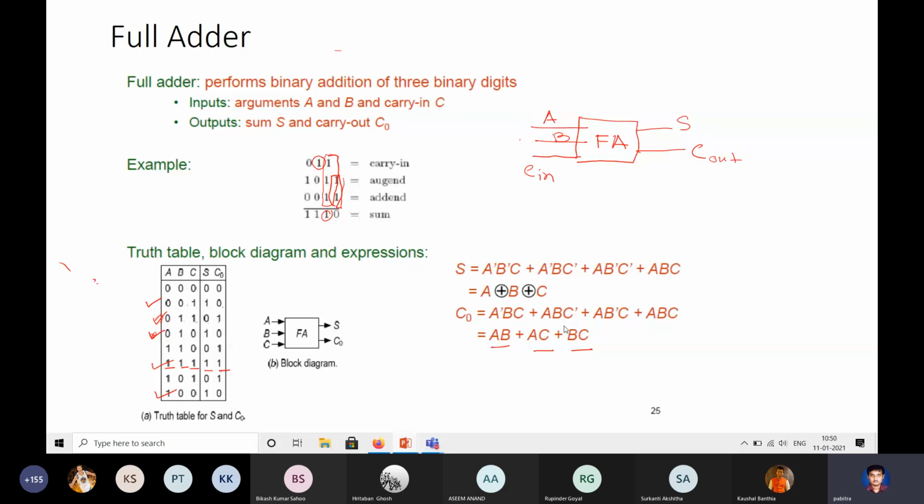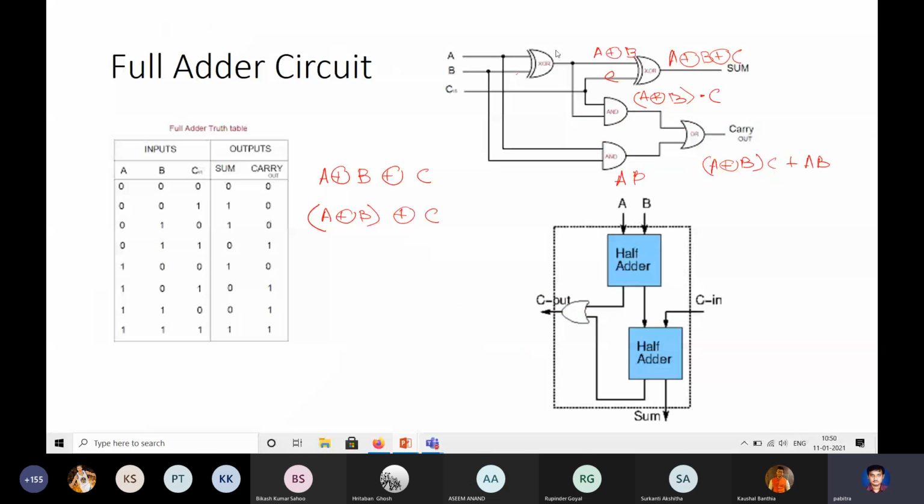Or if we have only 2-input AND gates, this would require 6 AND gates and 3 2-input OR gates. I would require many more gates, but by this simple transformation of the logical expression, using the output of this XOR already, you would get a smaller circuit using fewer gates.